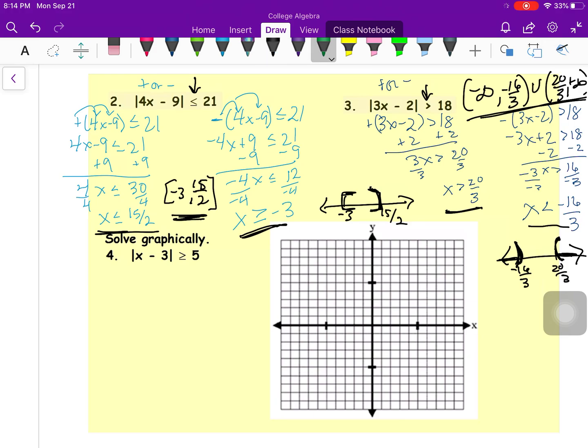Okay, solve graphically. So first I find my x-intercept. So x minus 3 equals 0. So x equals 3. 3, 0. I'm going to plot. Then my slope is 1. So up 1 over 1. So I'm going to get a few of those.